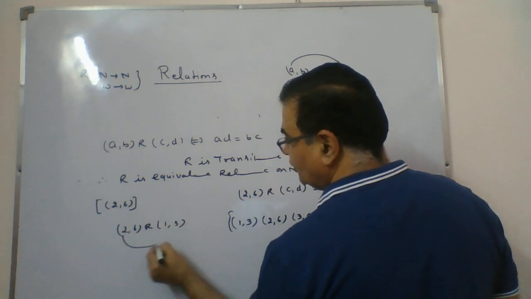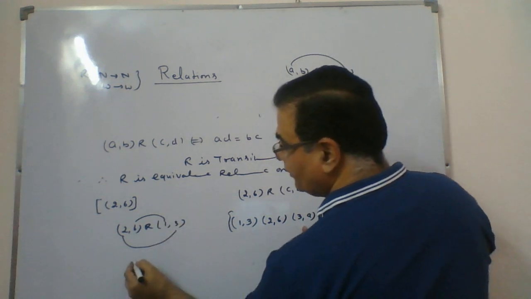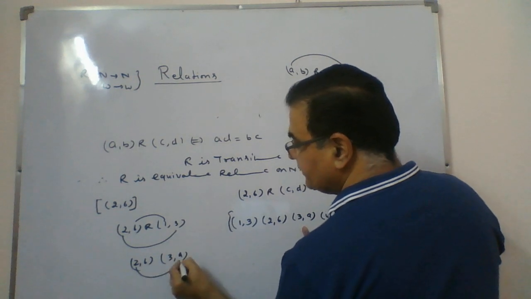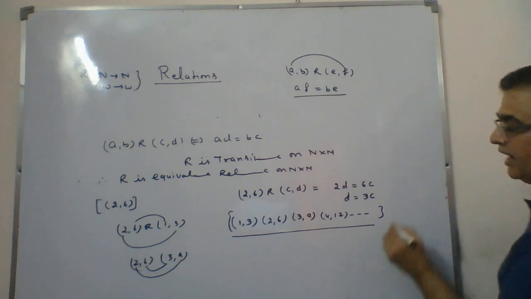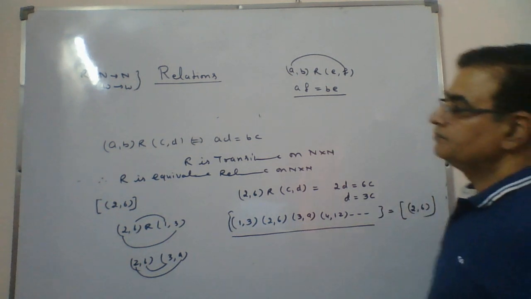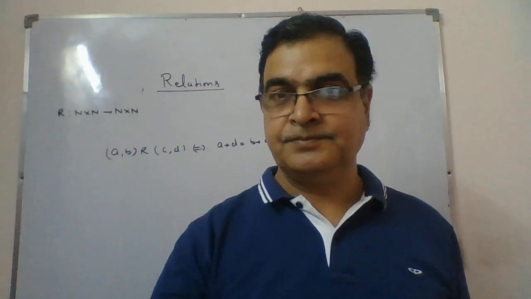Just check here: 2 threes are 6, 6 into 1. Same way, (3, 9): 2 nines are 18, 6 threes are 18. So this will be the equivalence class we have of (2, 6). This is the result we should keep in mind.